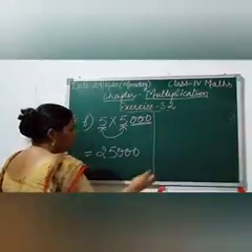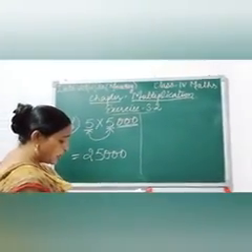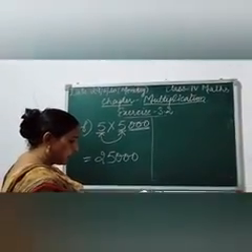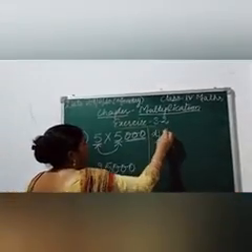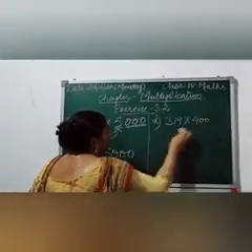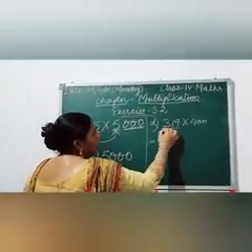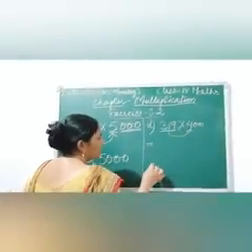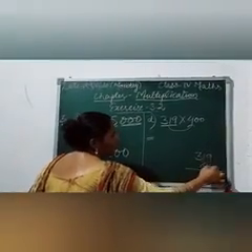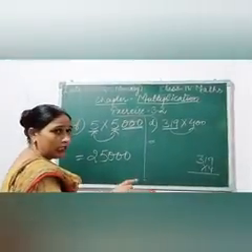Yes, see one more part, that is D part. 319 multiplied by 400. Here how to solve? 319 multiplied by 4. As you already know this product, in class 3 you have done.